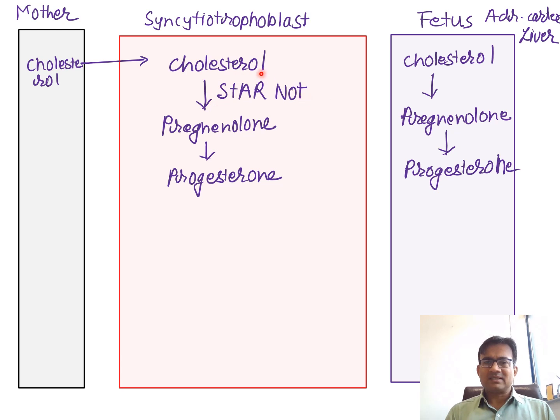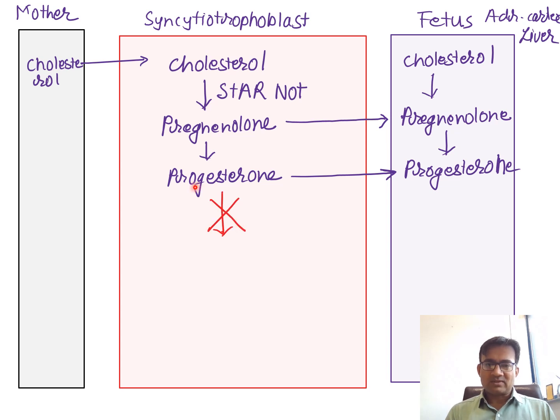But since this StAR protein is not needed, all these steps are prominent in the syncytiotrophoblast. So pregnenolone can be formed in the fetus as well as progesterone, but it may come directly from the syncytiotrophoblast to the fetus. Even progesterone can come from the syncytiotrophoblast. So what is the next step which is occurring?